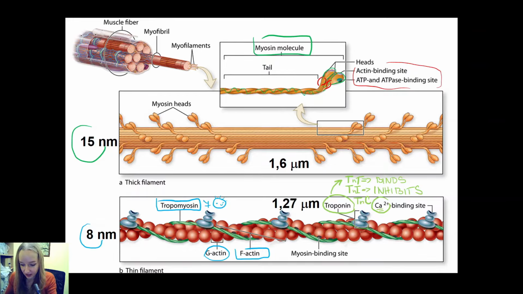We can see the heavy chains are in the middle and the heads are on the periphery. This is a bipolar organization of the thick filament, because we can see heads on one side and heads on the other side.